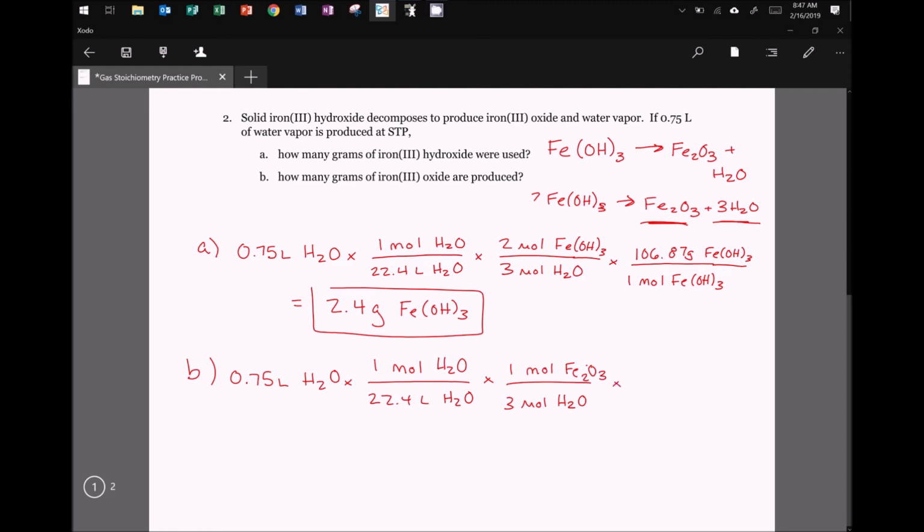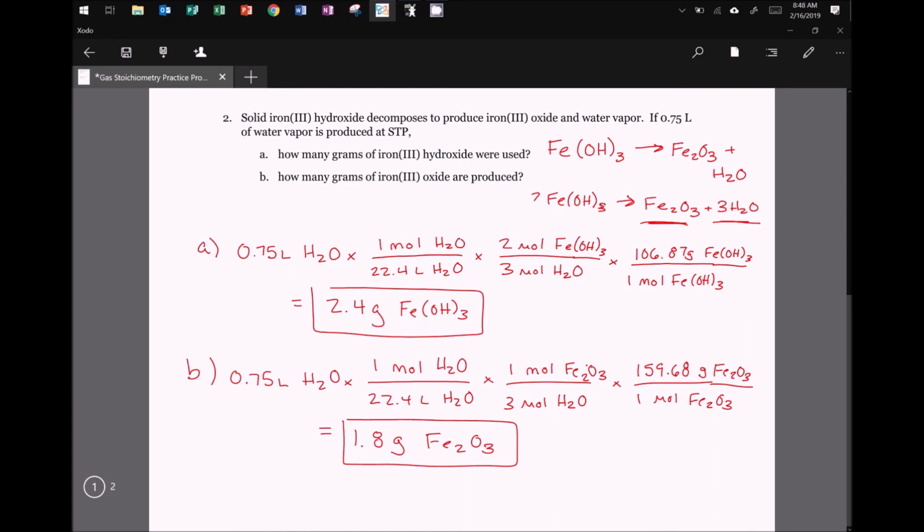Okay, and I need to go ahead and convert that to a mass, since that's what the question is asking for. So for every 1 mole of iron oxide, we have a molar mass of 159.68 grams of iron oxide, and that will yield 1.8 grams of iron oxide.